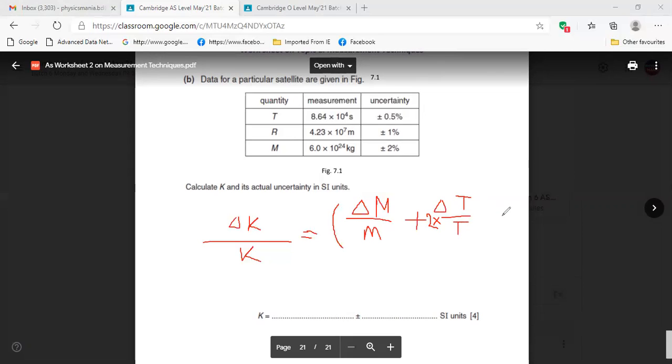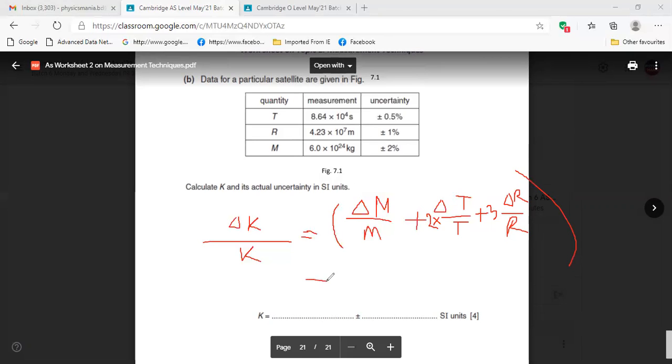Then plus 3 del r by r. So this part is done.